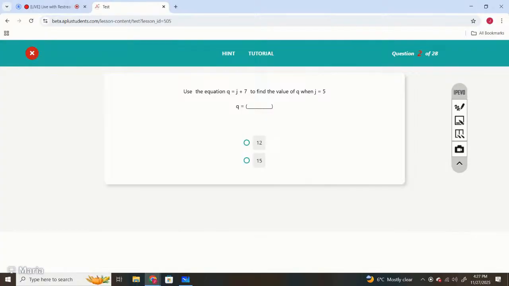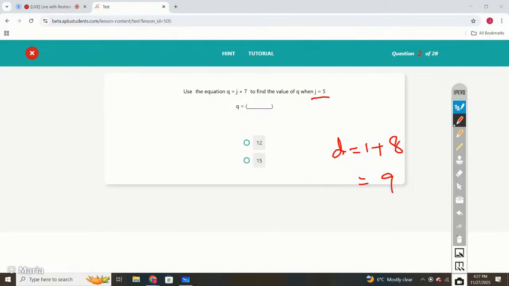Use the equation q equals j plus 7. So we are given the value of the variable j, that is 5. So replace the variable j with the value 5, so 5 plus 7.